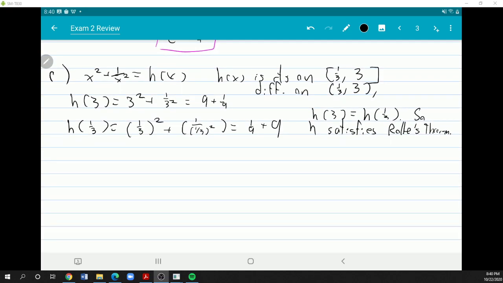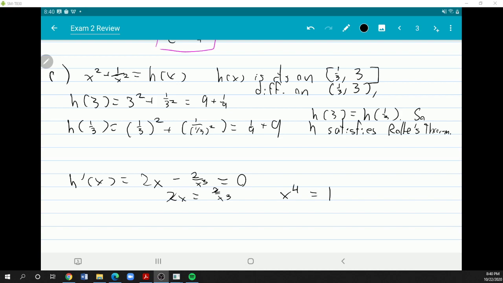So now let's just work this out. H prime of x is 2x minus 2 over x cubed. We're setting that equal to 0. So I get 2x equals 2 over x cubed. Cancel out the 2's.